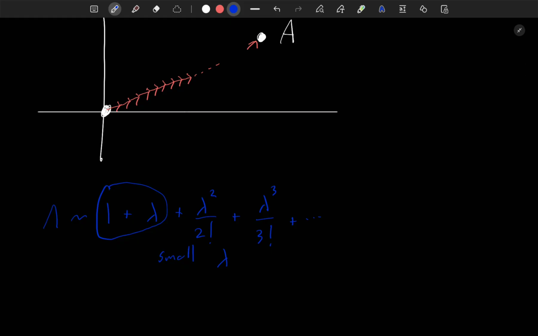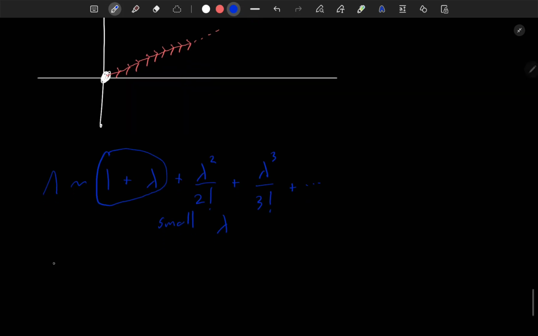There are other Taylor series that do the same thing. Why is this one special? Well, we're considering a product, 1 plus a tiny number, and we just keep multiplying it again and again.